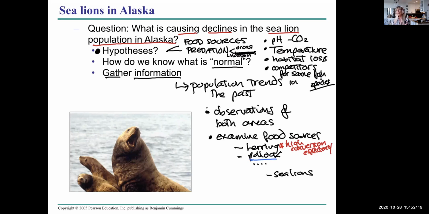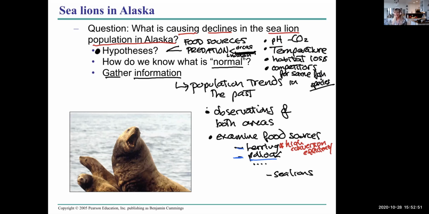It turns out that, although I don't know if the actual reason has been determined at this point, the herring are also fished by people. So are the pollock, but the herring are fished quite a lot more. And so the sea lions were switching to pollock. But the weird thing, and I'm just recalling some of the data I heard about from this study, is that the pollock are deeper fish in the ocean.